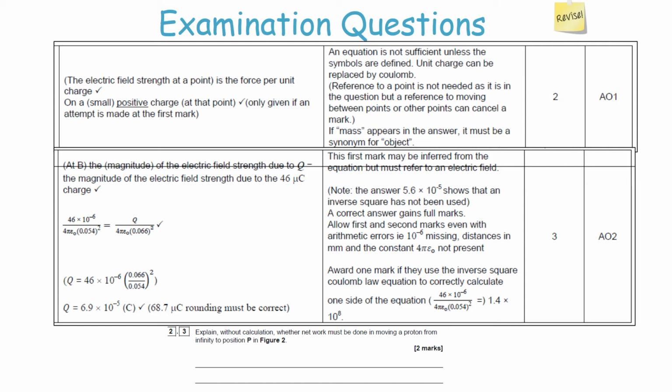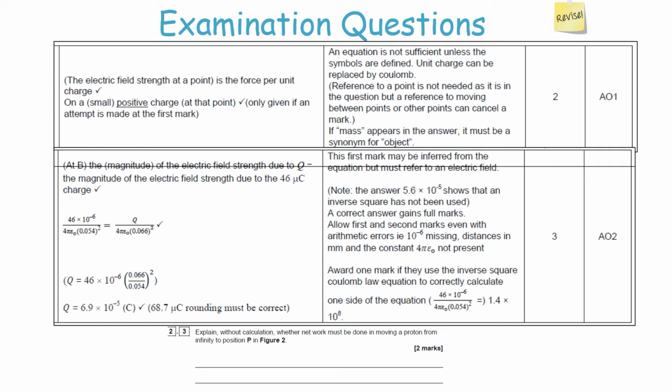You can see on our screen now that with this equation there's only one unknown, Q. So at this point you rearrange the equation to make Q the subject. The savvy amongst us will realise that when we rearrange this, there's going to be a 4 pi epsilon 0 at the top and at the bottom of the equation, so they cancel through, which is why they're not present on the second line.